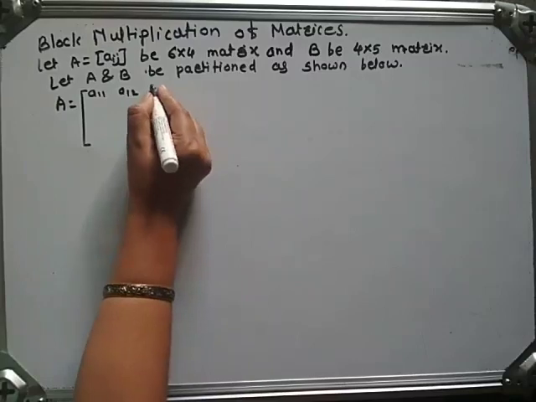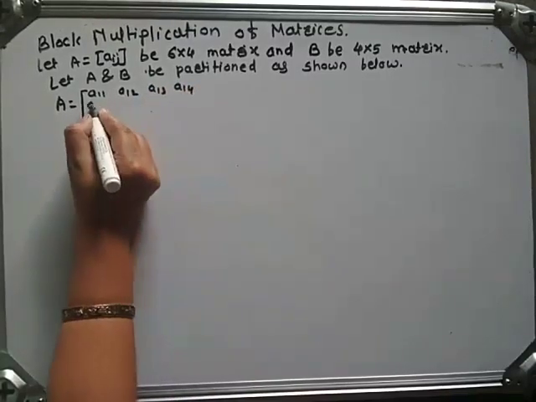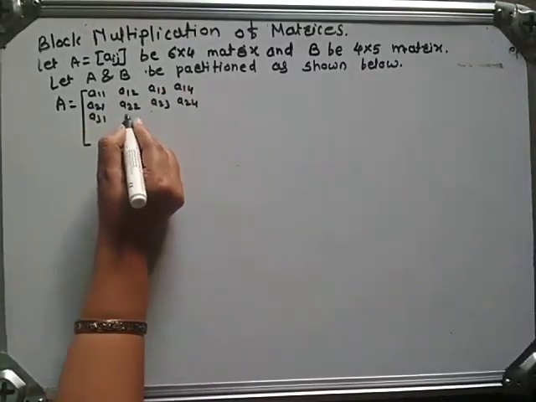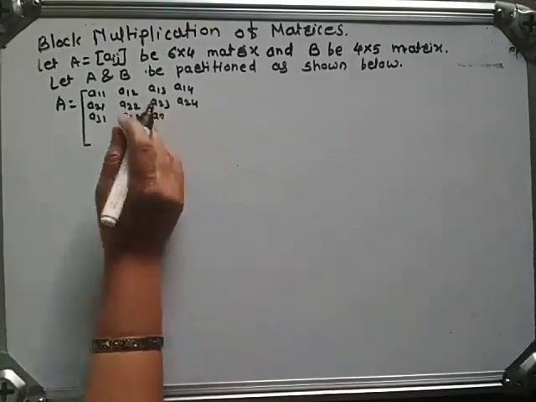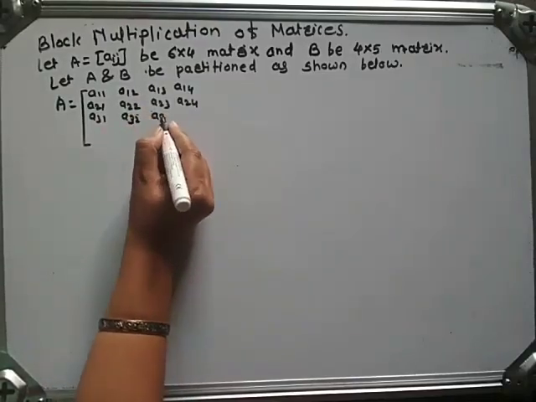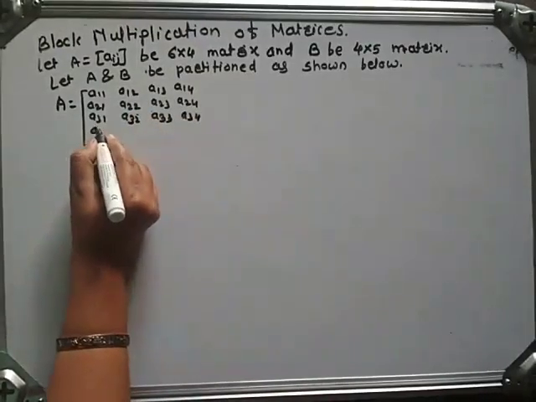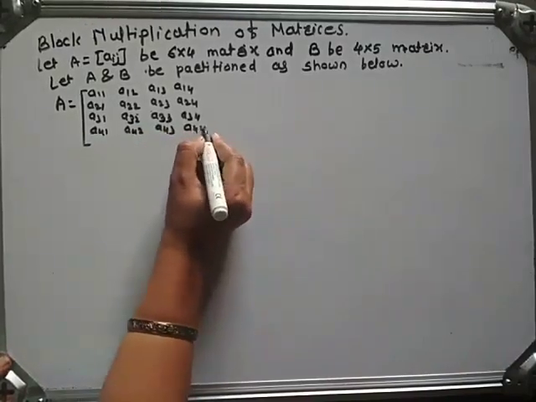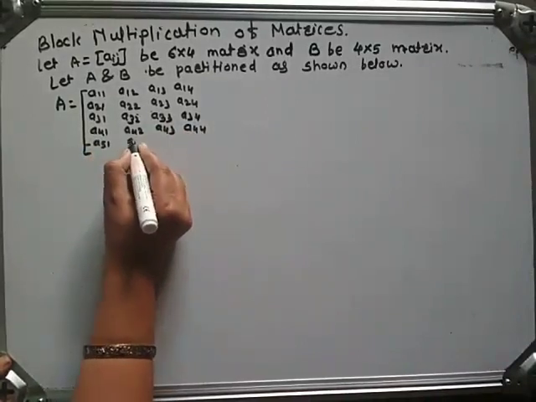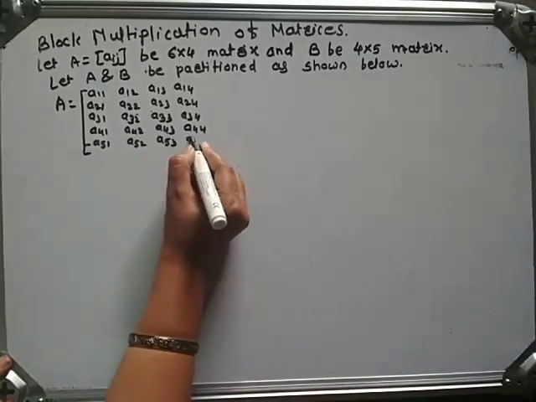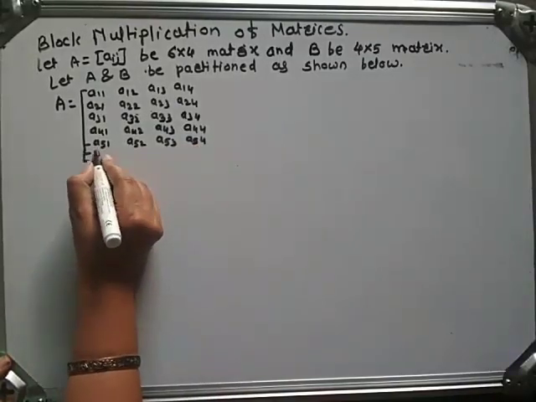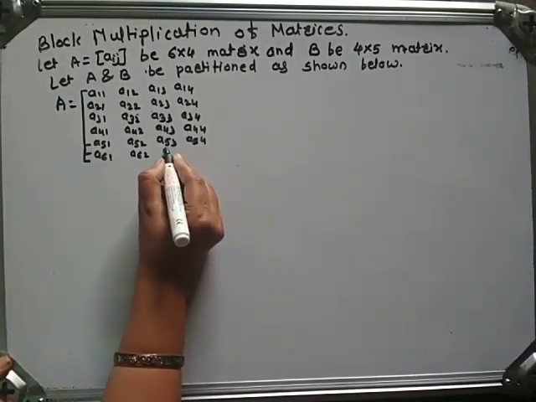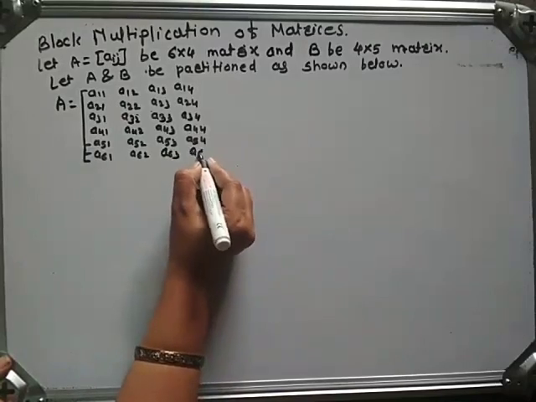A11, A12, A13, A14. The second row is A21, A22, A23, A24, then A31, A32, A33, A34, A41, A42, A43, A44, A51, A52, A53, A54 and the last row is A61, A62, A63 and A64.